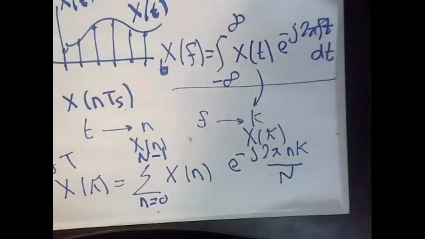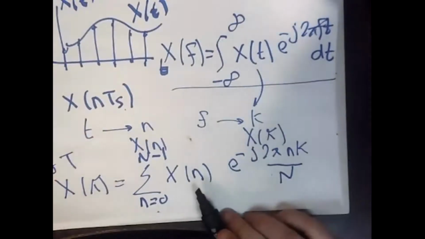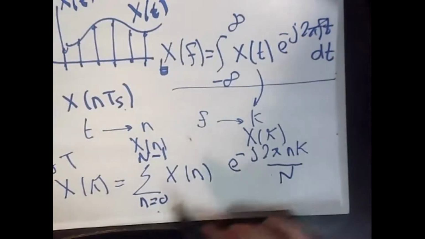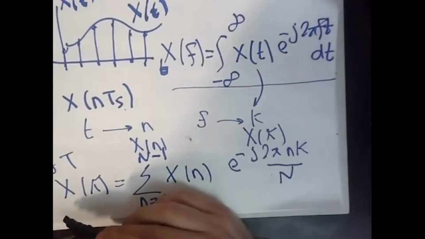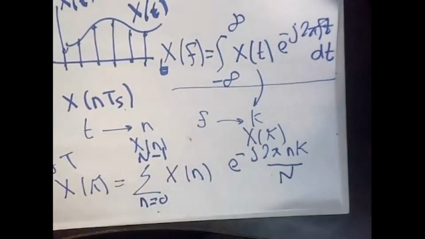The discrete Fourier transform is the discrete version of the Fourier transform where our input is discrete and periodic, and our output again is discrete and also periodic. Okay, let me now return back to my presentation slides.